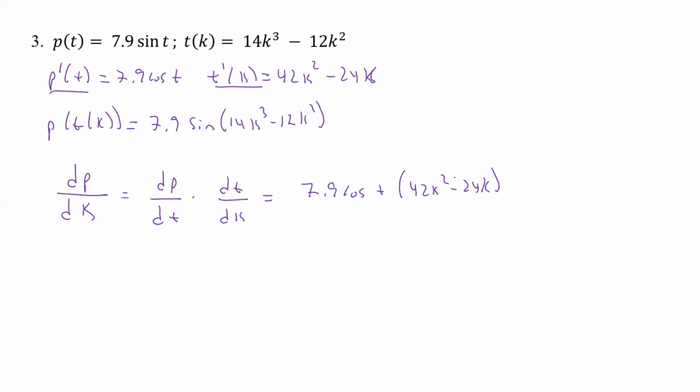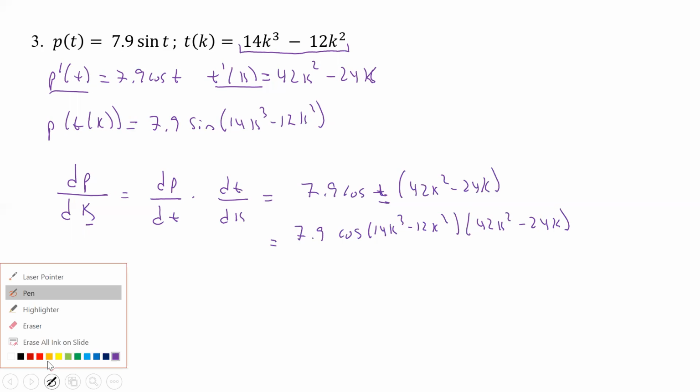Now am I done? Well, except for the fact I have a t here, and I'm supposed to only have k's. So now I have to plug in t, which is up here, in place of that. And so that gives me 7.9 cosine of 14k cubed minus 12k squared, and then times our 42k squared minus 24k.